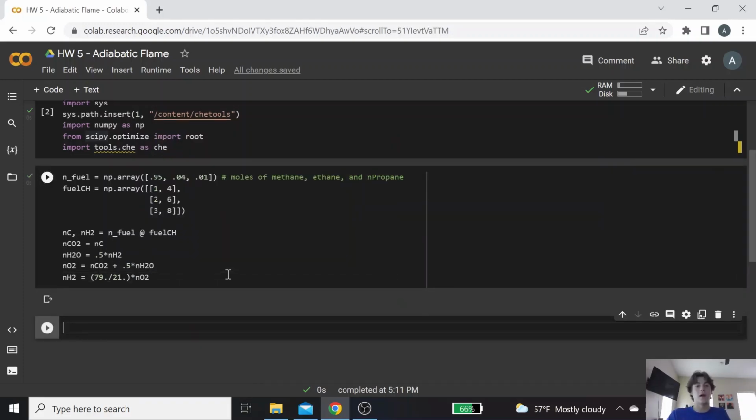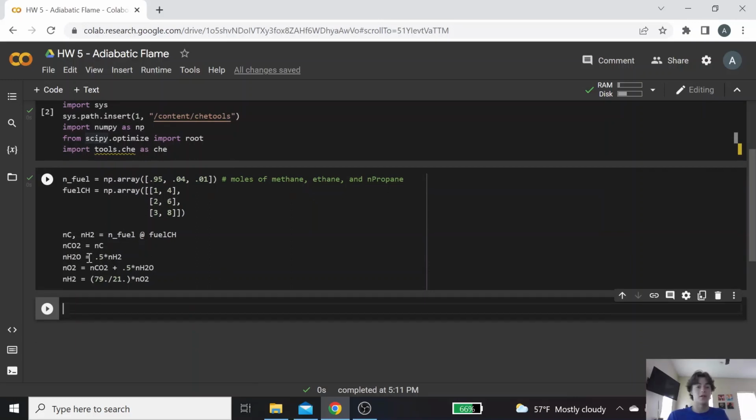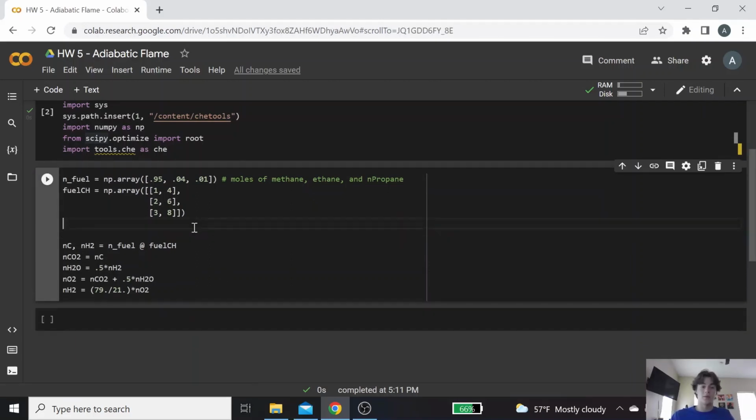So there we go. Now we're going to go back and account for the excess air that's coming in with the reaction. So in our problem, we have 20% excess air, so that changes the amount of oxygen we'll have coming in, which will just be 1 plus the amount of excess.